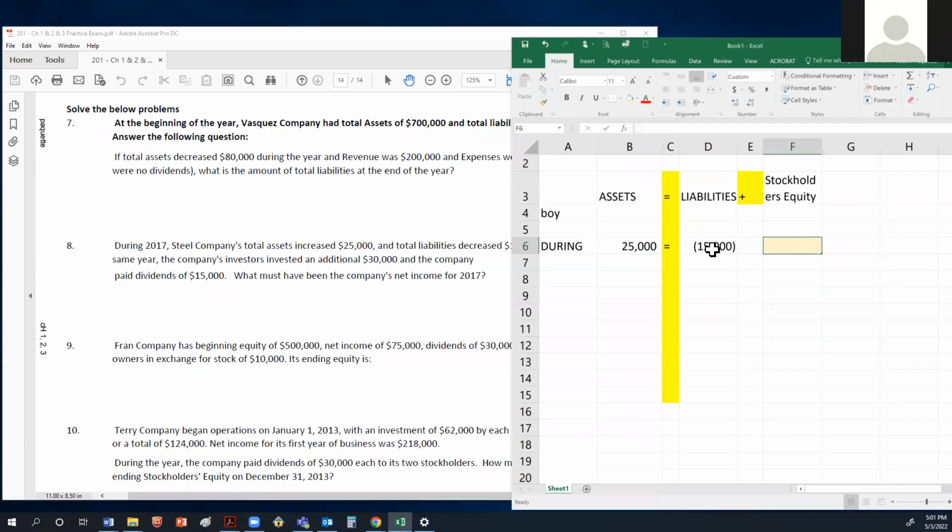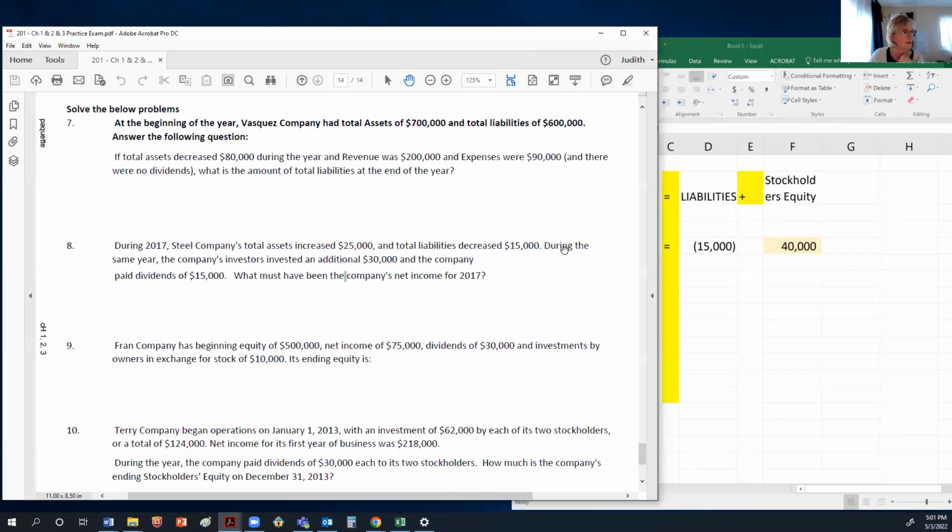And so we're saying negative 15 plus what equals positive 25,000. Okay. So that's going to be equal to 40,000 because 40 minus 15 equals 25,000. But we had to solve for that. And so that's the first piece of the problem.